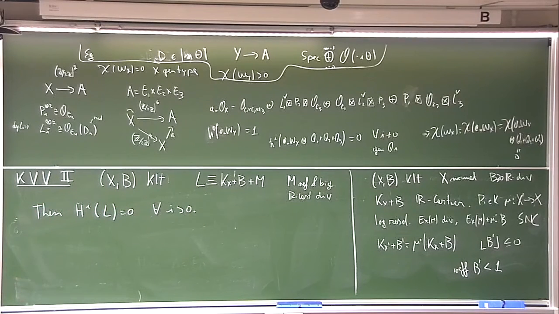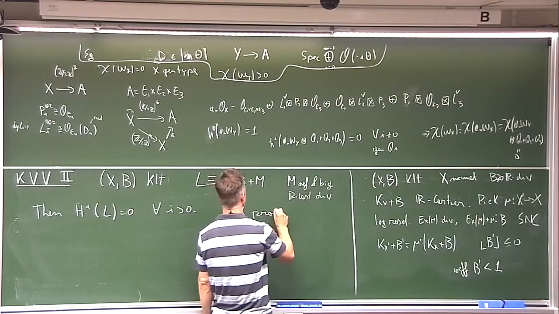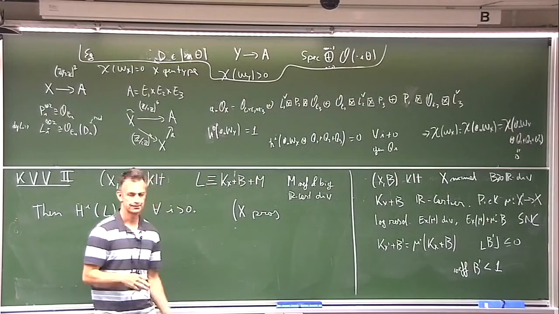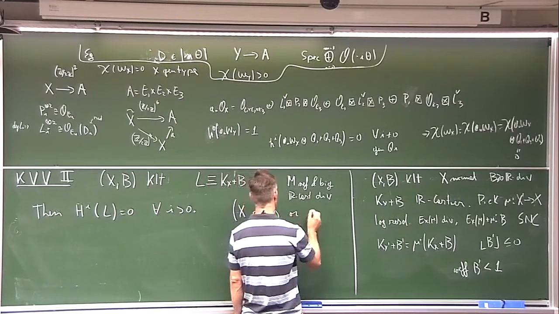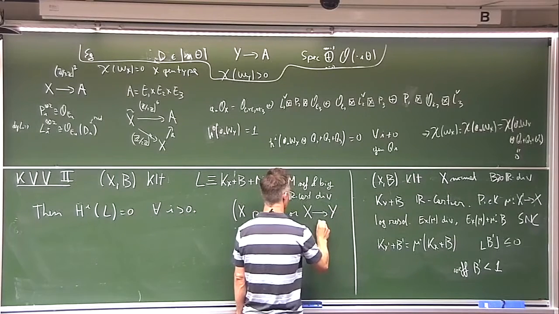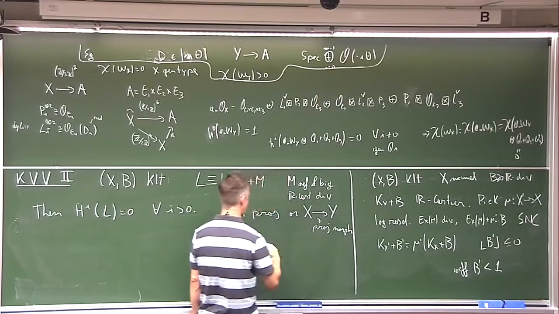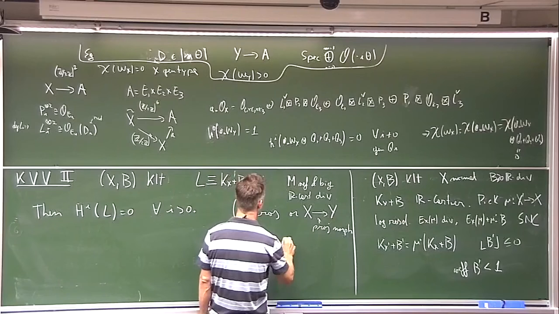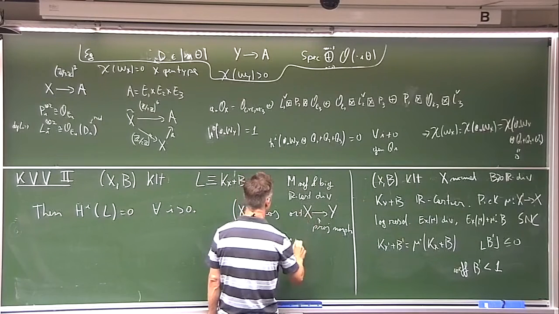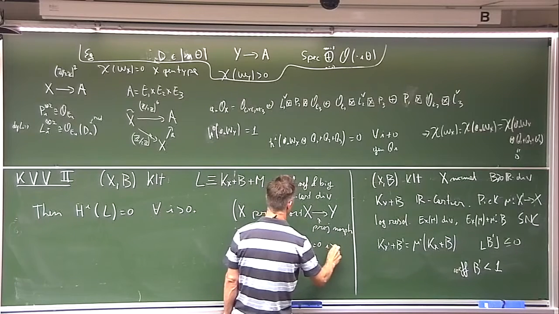Yes? Should we read that X is projective, or quasi-projective? Yeah, of course. So in this formulation, I'm of course assuming X is projective. You can consider more general situations. I guess the following should be okay. So you have X to Y, a projective morphism. And then in this case, you would say that R^i f lower star of L is equal to 0 for any i greater than 0.